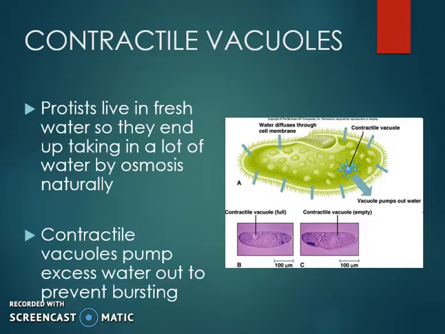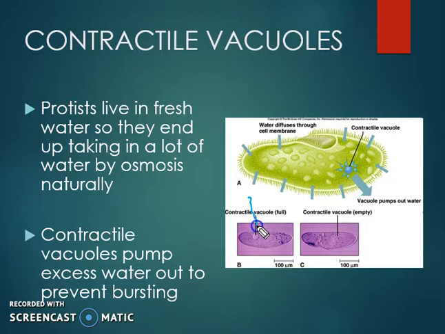Now, this is something specific to single-celled organisms, specifically protists that live in fresh water. If you think about it, their environment has a very high concentration of water molecules outside of the cell, and inside the cell you have a lower concentration. So water is going to generally want to move into the cell. In order to prevent it from bursting, you have these contractile vacuoles where the vacuole will fill up with water.